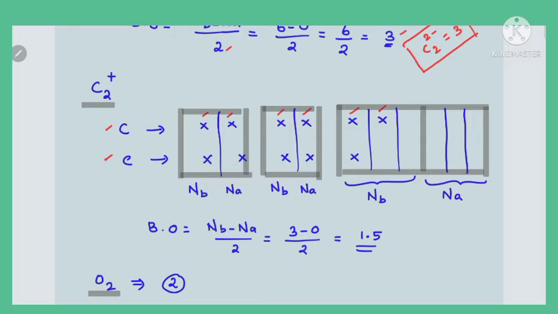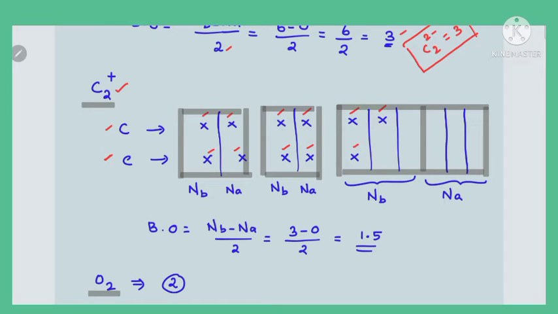For the second carbon: 1s2, 2s2, 2p1. I have reduced 1 electron because this molecule has a plus charge, which means it is supposed to lose 1 electron. So this was the actual configuration of carbon, but due to the plus charge it has lost 1 electron, so I remove this electron.